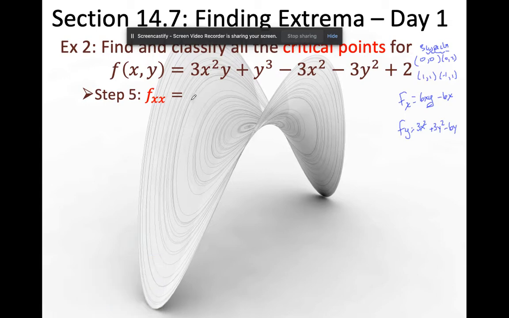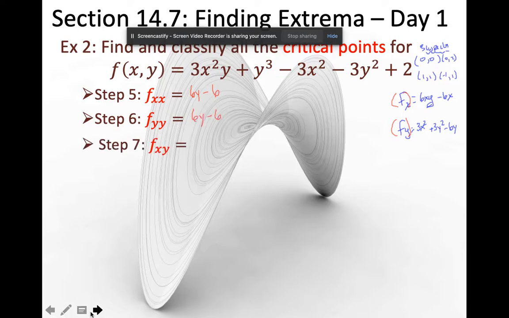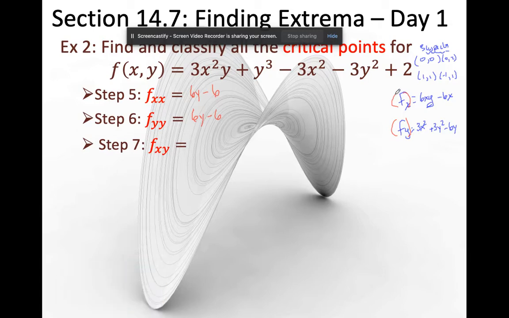So what's my second derivative here? Second derivative with respect to x. Second derivative here with respect to y. Oh, looky, they're the same. Now, though, I have to go back here and take the second derivative with respect to y.